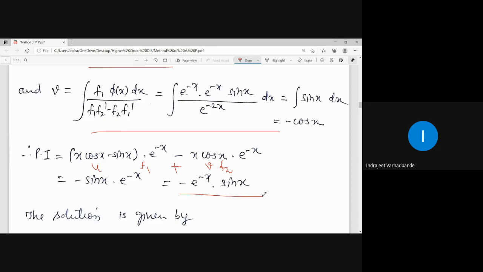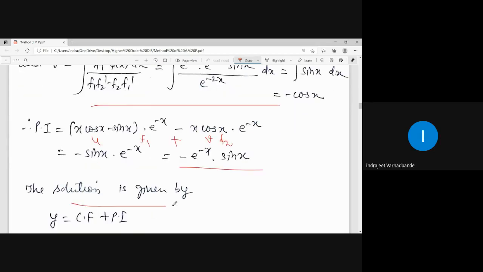Is it fine? Yes, sir. The solution is given by y is equal to CF plus PI.